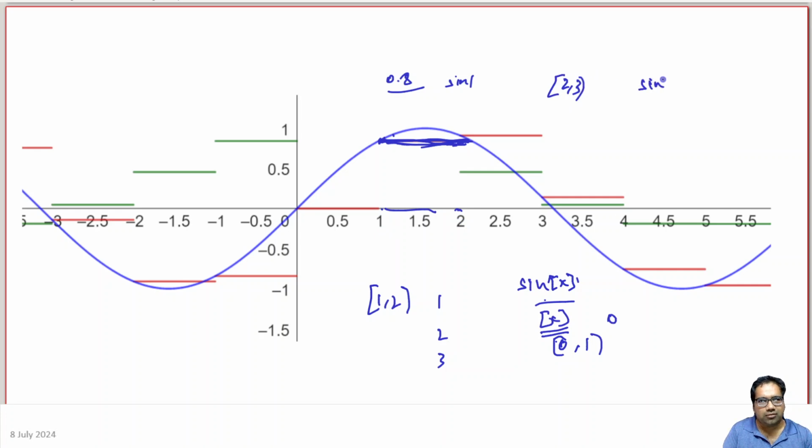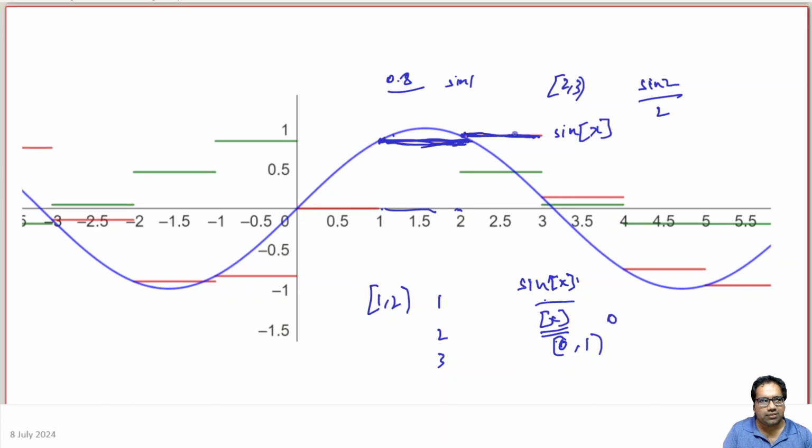Then it is sine 2 by 2. What is our sine 2? Sine 2 is this point. So between 2 and 3, this red line is the graph of sine 2. In fact, this red line is the graph of sine of the greatest integer function of x.